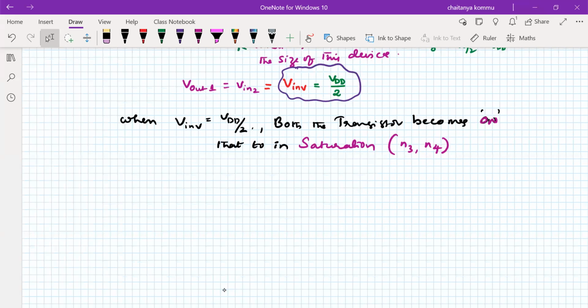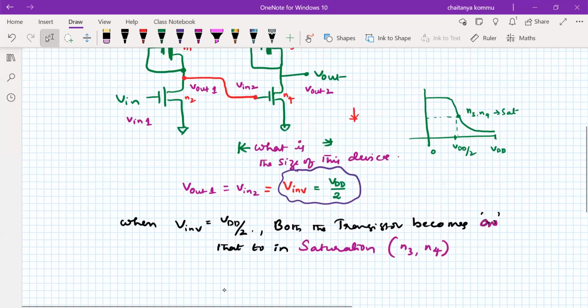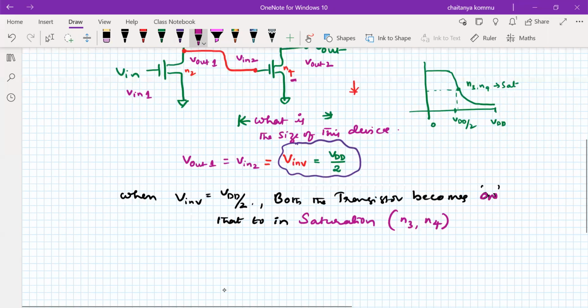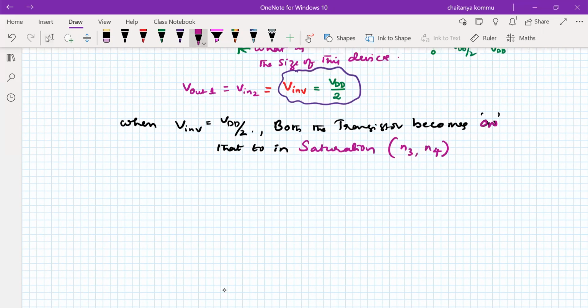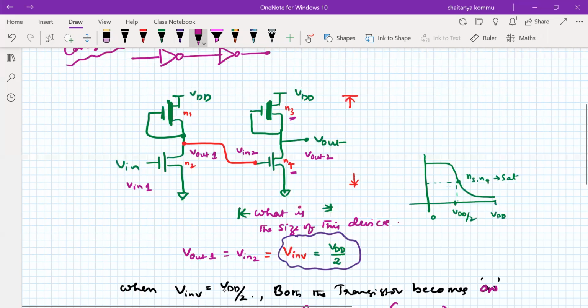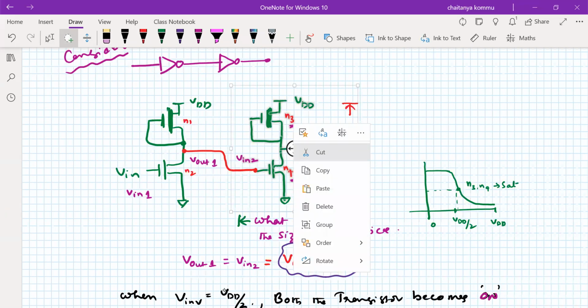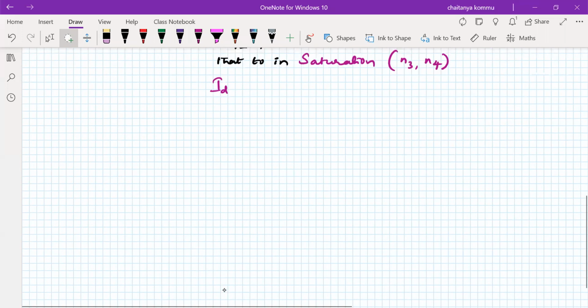So what is the saturation current equation for N3? What is the saturation current equation for N4? N3 is a depletion, N4 is an enhancement. I'll take this diagram, copy, and paste it here.